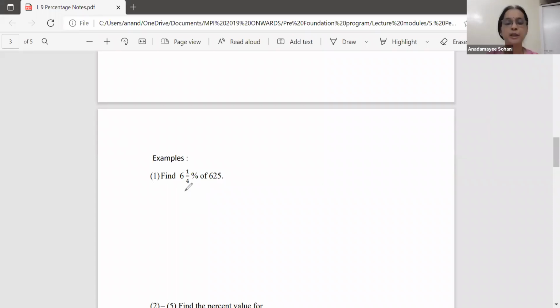So 6 and 1/4 will be 6 4s are 24 plus 1, 25. So 25 upon 4 percent of 625. Now, what is the meaning of this 100? This is 100 upon 1.